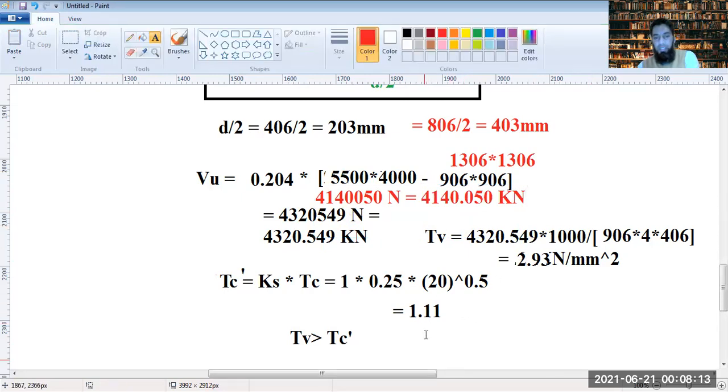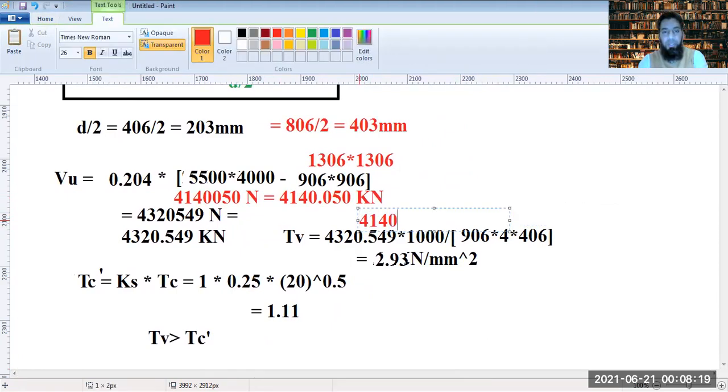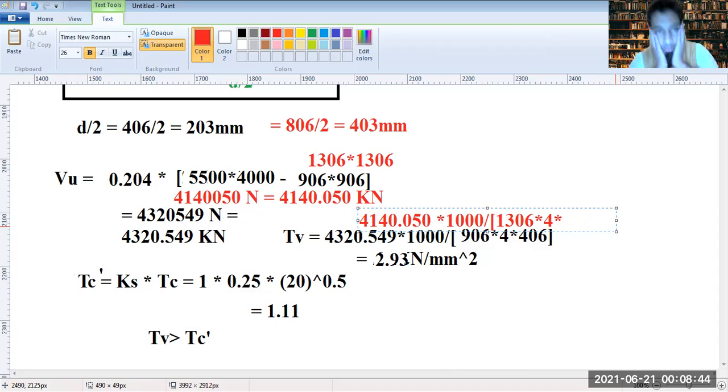Hope this is okay now. Let me check tau v. Tau v would be 4140.050 cross 1000 divided by, how much? This is not 906 anymore. This is 1306 cross 4 cross, sorry, 403.